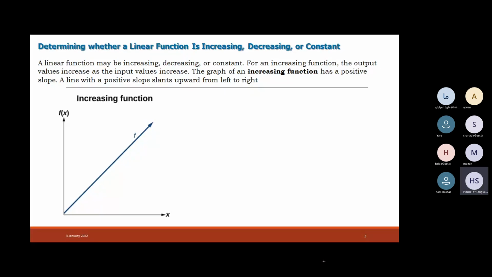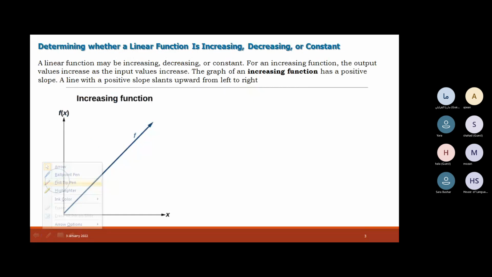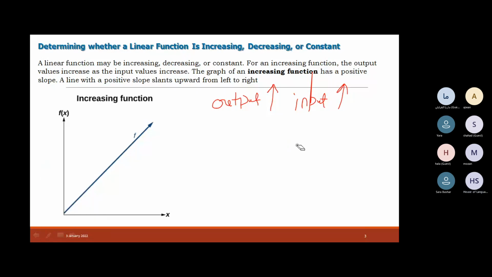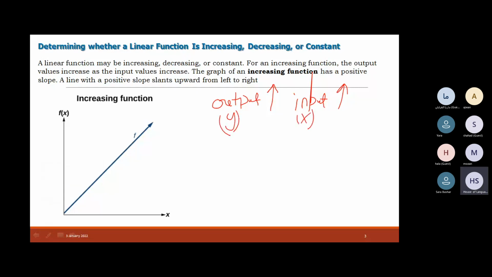For the increasing function, why did I say increasing? Because the input increases. So if the outputs increase, which I mean the y values, the x values must be increased. In this case, we call it an increasing function.